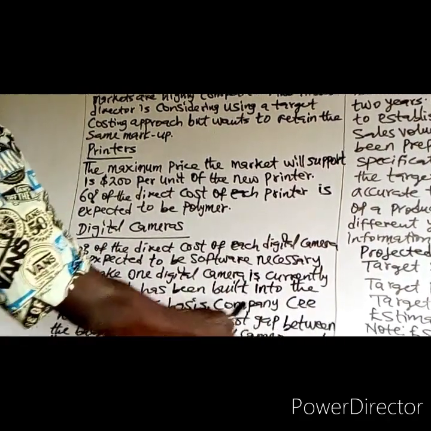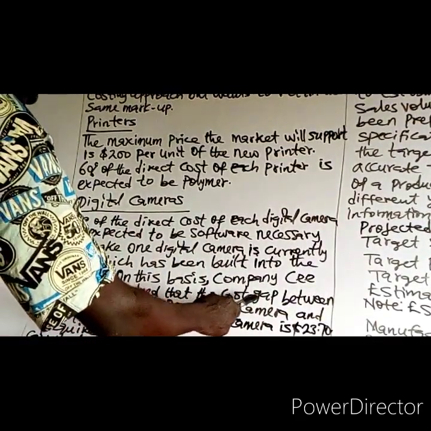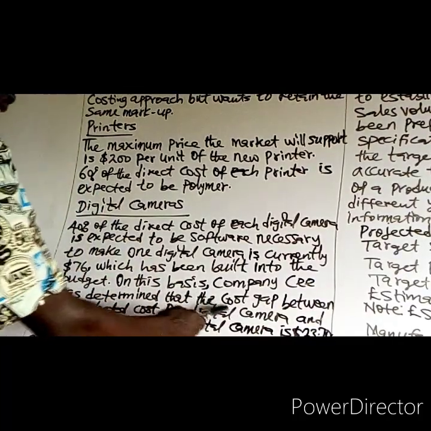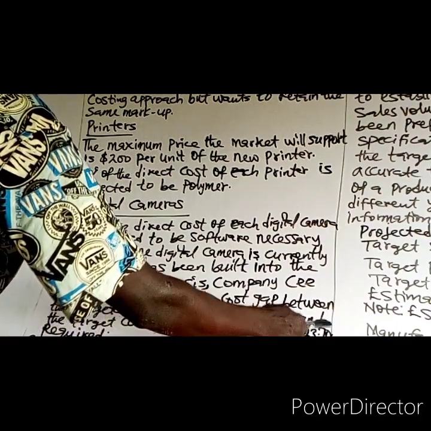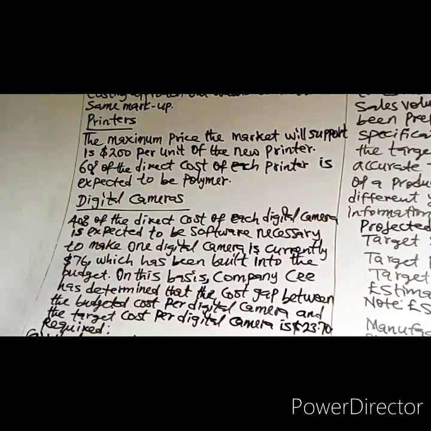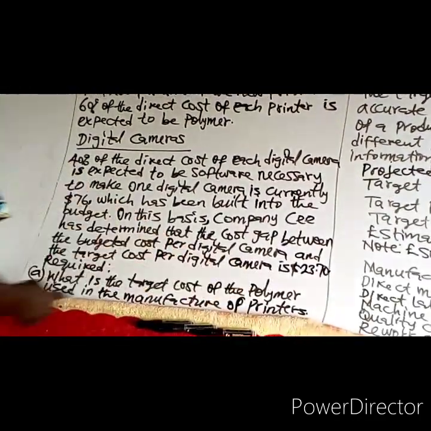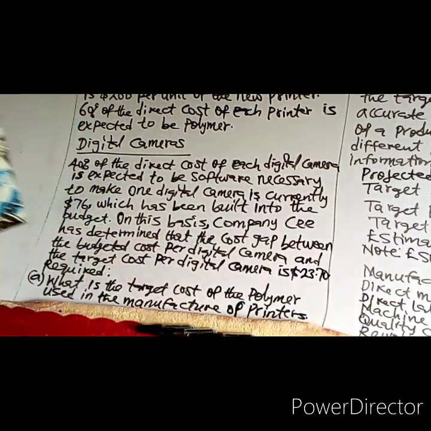On this basis, Company C has determined that the cost gap between the budget cost per digital camera and the target cost per digital camera is $23.70. Required: What is the target cost of the polymer used in manufacture of printers?